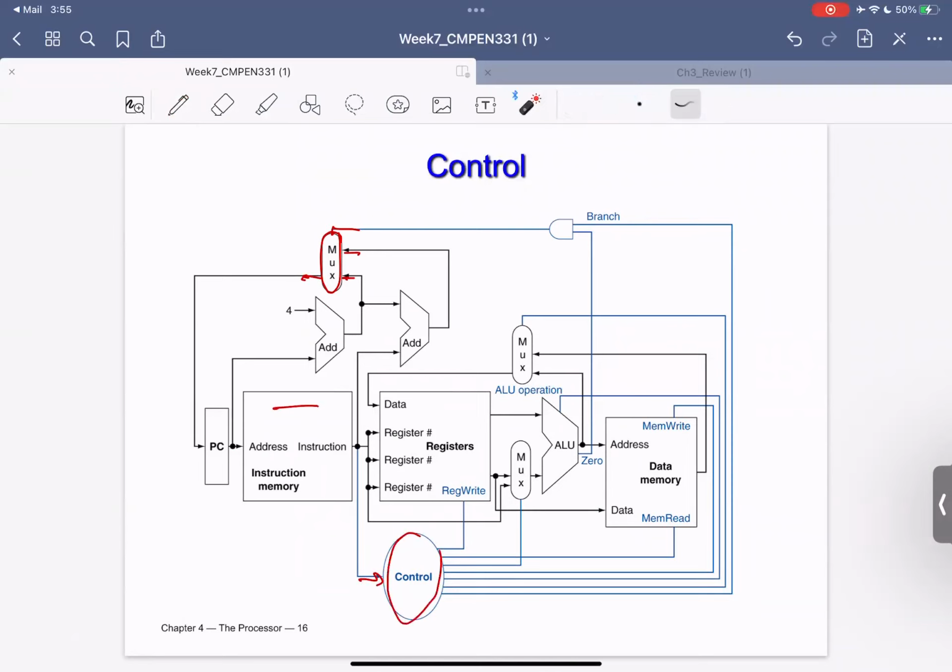This control unit will specify when to write a register, also specify the multiplexers, also when to write and when to read and stuff like that. And of course, it will also help in decoding all of these and seeing exactly what I need to do in that particular situation.